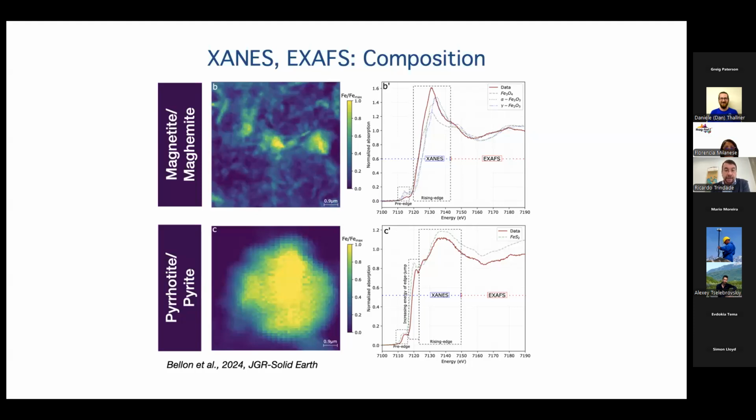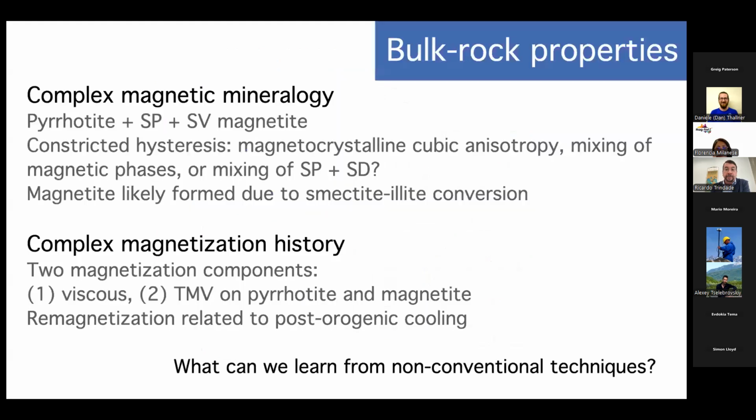This is a measurement of XANES and XAFS, in which we can obtain the composition of those grains, and we can confirm the presence of pyrrhotite and magnetite or maghemite, given the spectra that we have obtained from the synchrotron measurements.